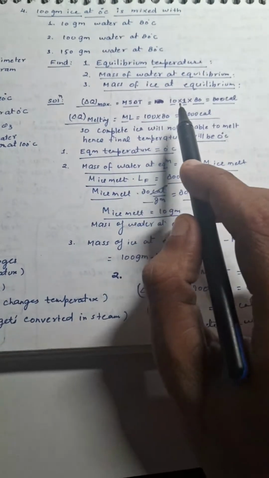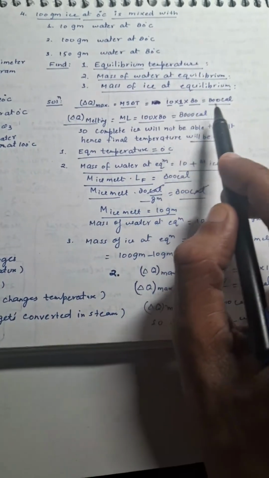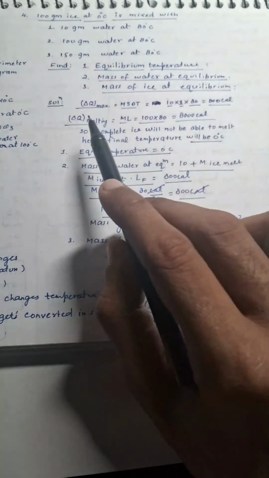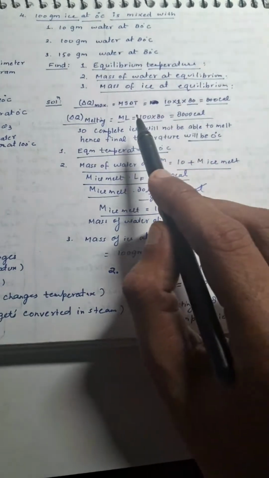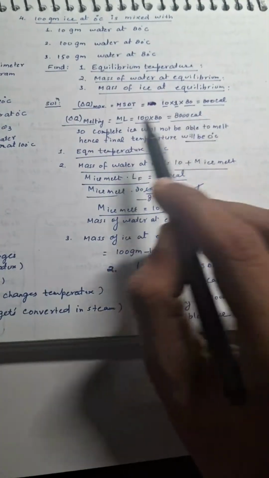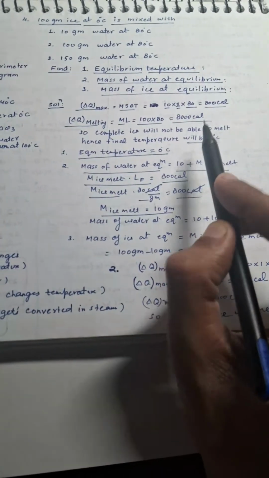Sorry, here in this case msΔT will be 800 calorie, not 8000, whereas heat required to melt the ice is mL, which is 8000 calories. So complete ice will not be able to melt, obviously.